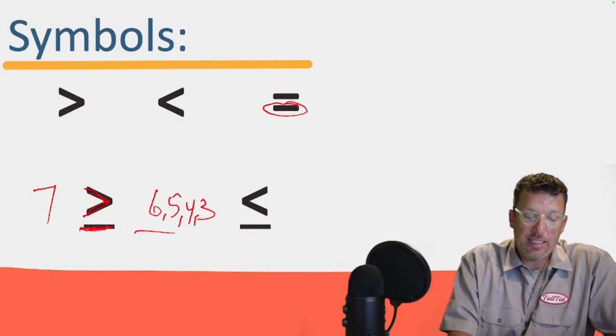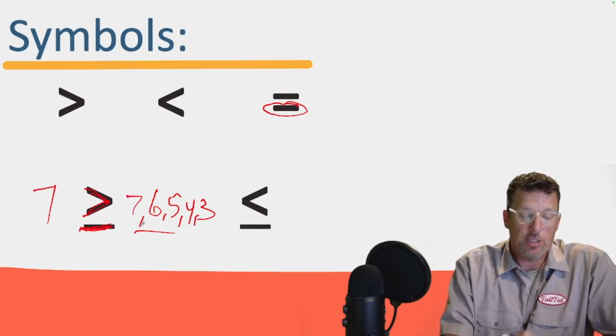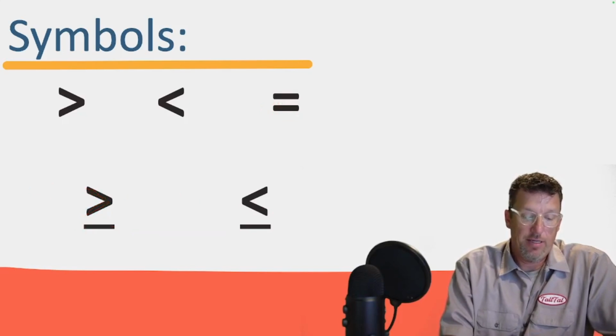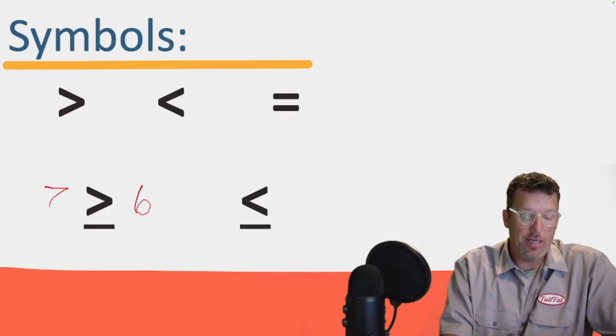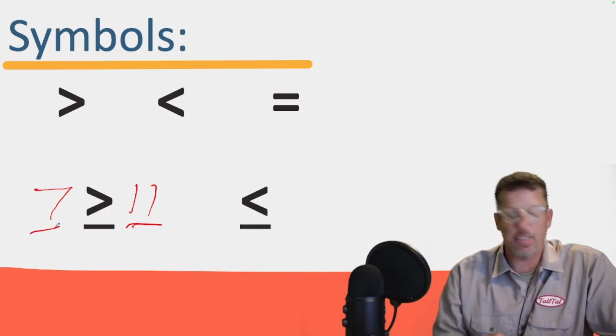But because it says it can also be equal to, the answer could be 7. So your answer could be 7 is greater than or equal to 7, or 7 is greater than or equal to 6. What it cannot be is 7 is greater than or equal to 11, because 11 is bigger than 7, so that makes that statement false.